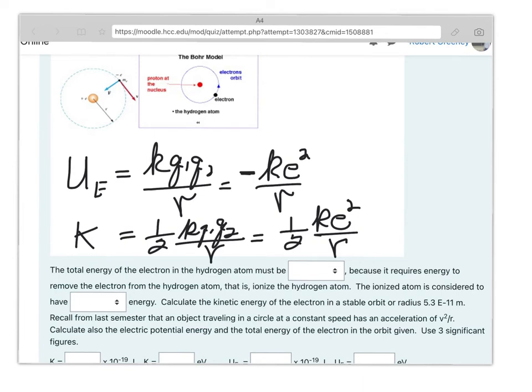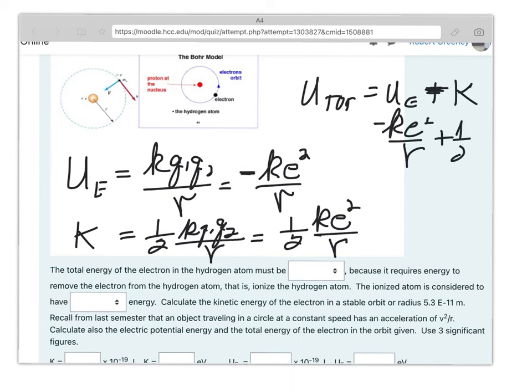So that means that the total energy is going to be the sum of those two. One is negative and one is positive. And the total energy ends up being negative. And since this is negative k e squared over r, and this is positive 1/2 k e squared over r, the math is so simple you might get confused.